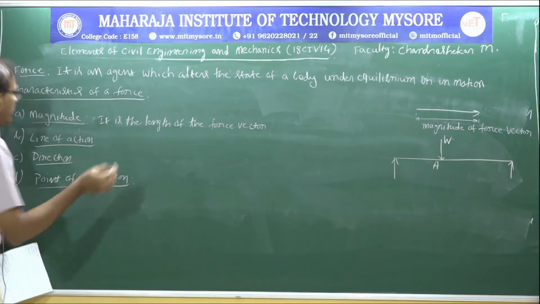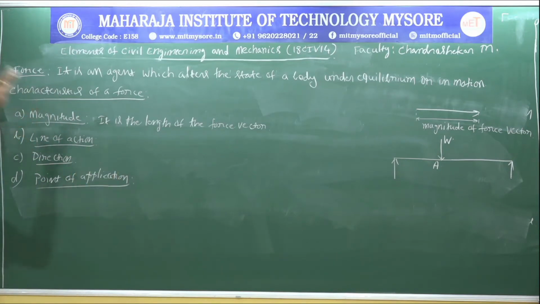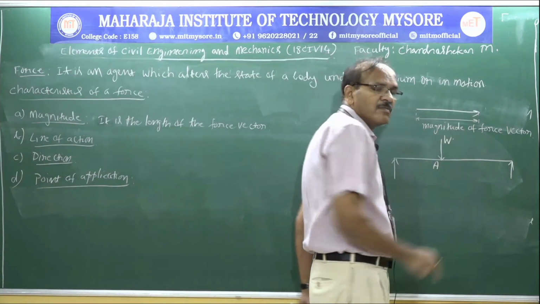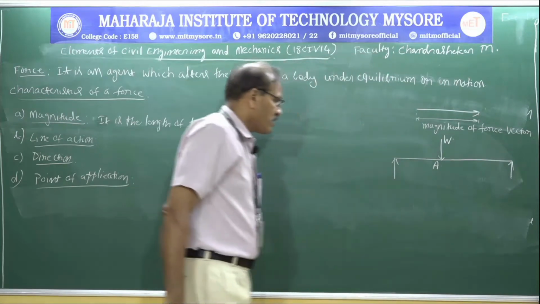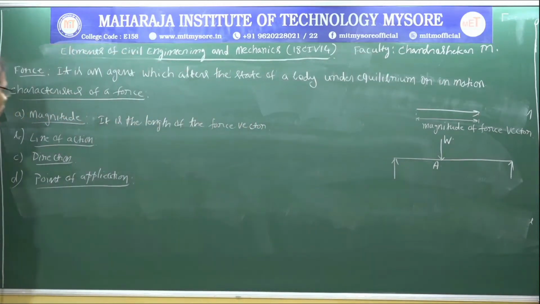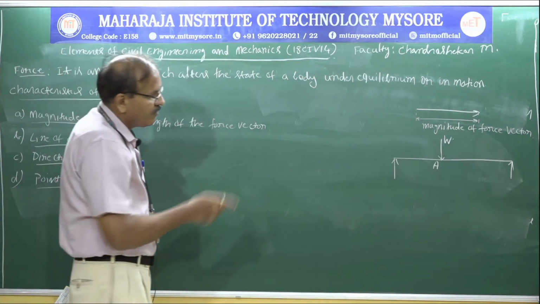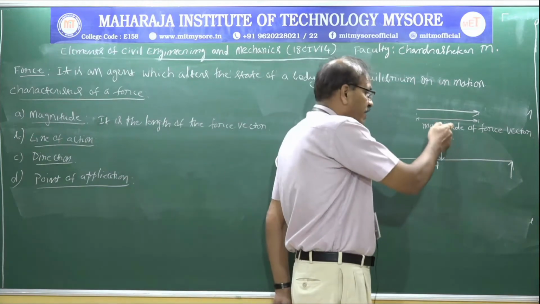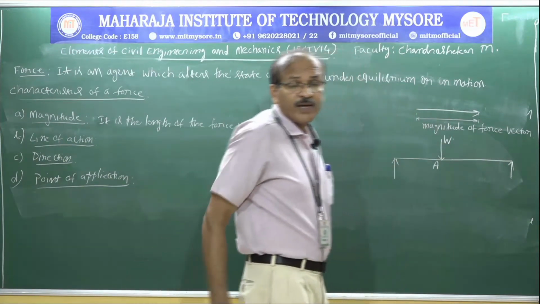Point of application. As I said, magnitude is the length of the force vector. So this is the magnitude of the force. And what is line of action? If you look at the beam, the line of action is vertical.